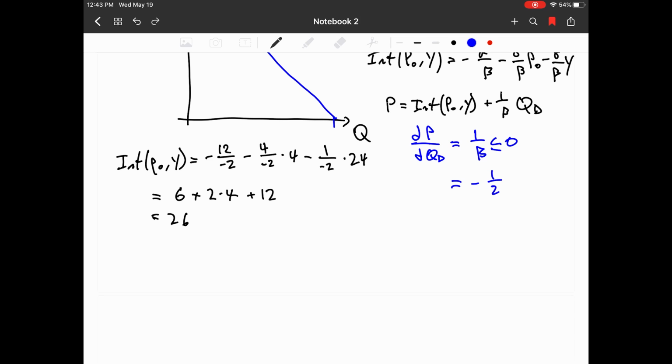Okay, so then our whole demand curve equation finally comes out to be, excuse me, I should say the inverse demand equation comes out to be 26 minus 1/2 QD.